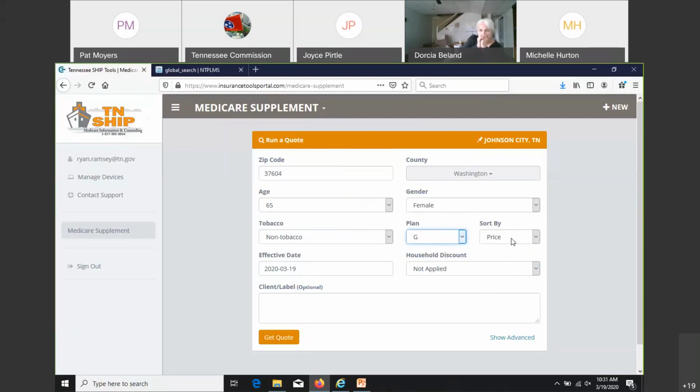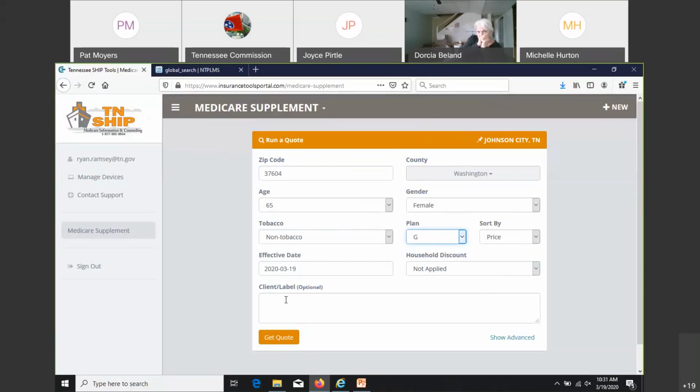The effective date, unless we're looking for a policy that's months and months away from when somebody starts, we want to leave that effective date as is. It's going to give us the most current readings of those supplemental policies, and we're not going to have any household discounts apply. It will show us that information on this comparison.